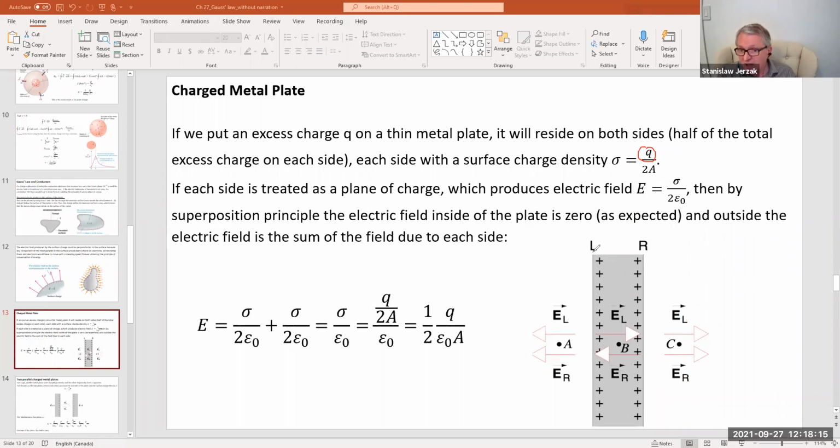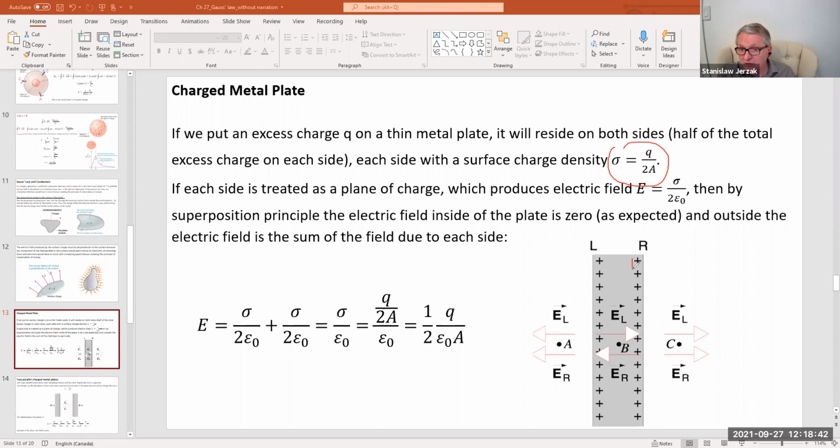I ignore the width of that metal, which is so tiny. So the charge will be distributed on this surface and this surface, which means that the surface charge density would be the total charge Q divided by 2A, because half of the charge would be on this surface and half on that surface. And I would have like two sheets of charge, very thin sheets of charge.